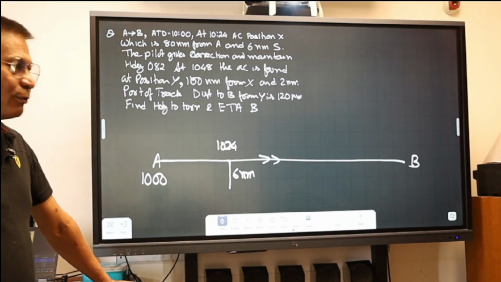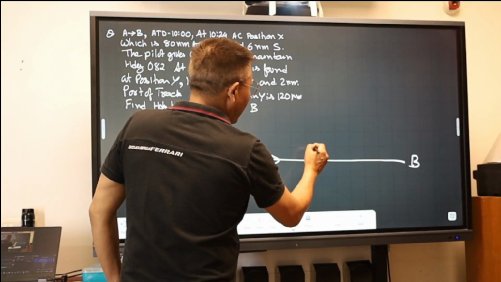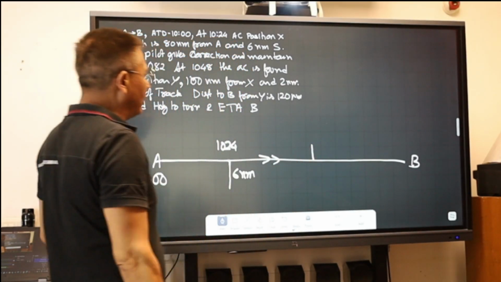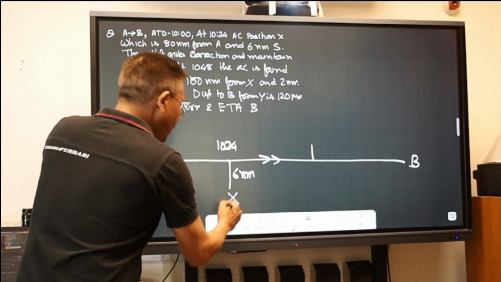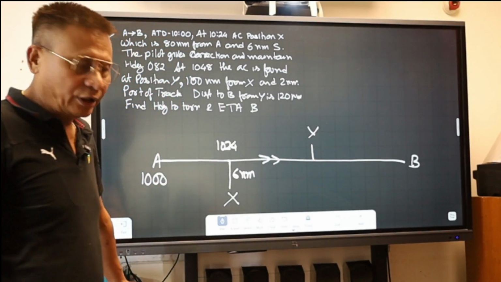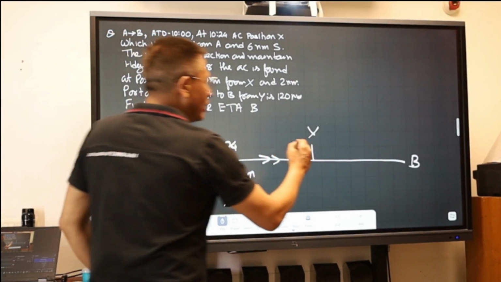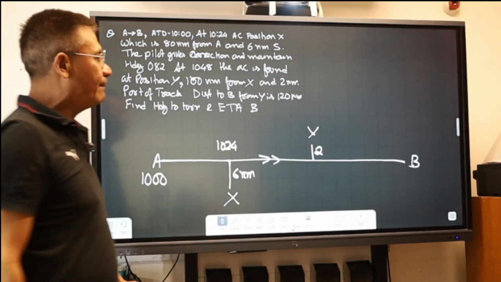At 1048 the pilot again fixed the position, and found himself 100 nautical miles from point X-ray, and this is Yankee. The distance between them is 100 nautical miles, and he found himself to be at the port of track by 2 nautical miles.